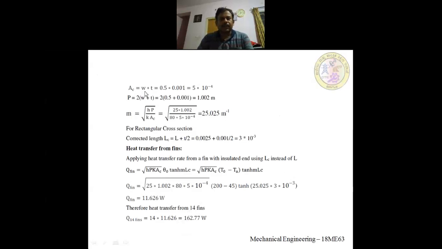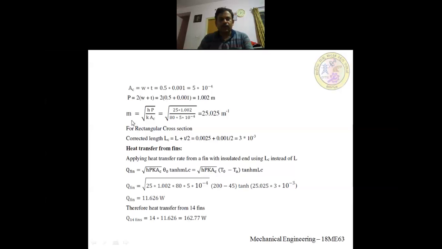Remaining, just put the formula. Cross section area is given by width into thickness: 0.5 is the width, thickness is 0.001. Then you get the cross section area as 5 into 10 to the power of minus 4. For the perimeter, the formula is 2 times (width plus thickness). Just put the values for W and T and you get the perimeter, 1.002 meters.